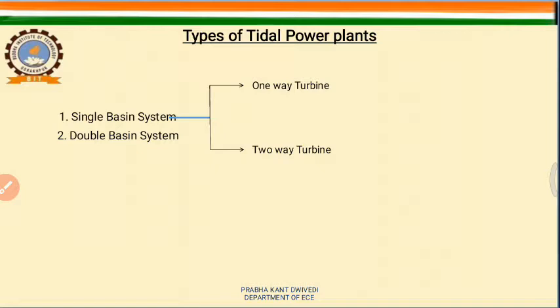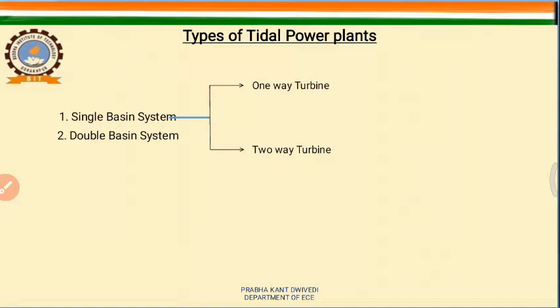In some cases only a one-way turbine is used, and in some cases two-way turbines can be used. Two-way means it can produce energy while rotating in either direction, and a one-way turbine generates electricity when it rotates in a single direction only.